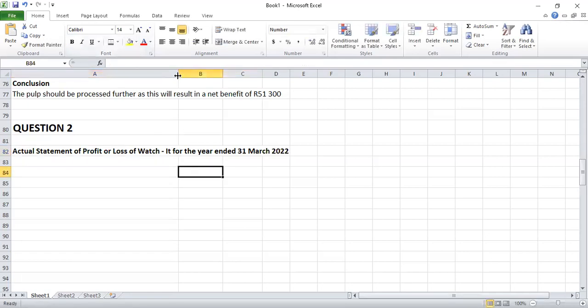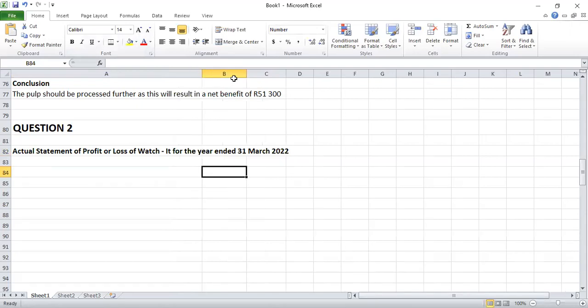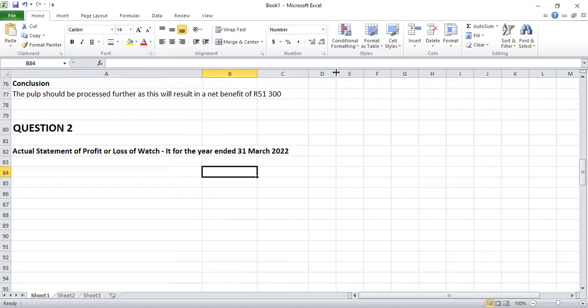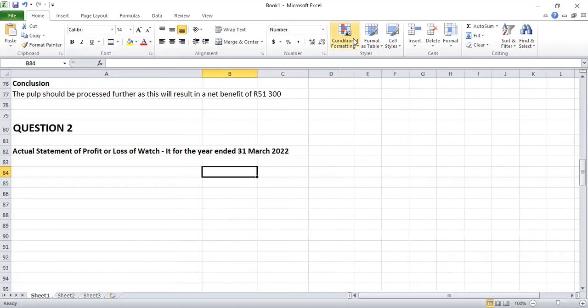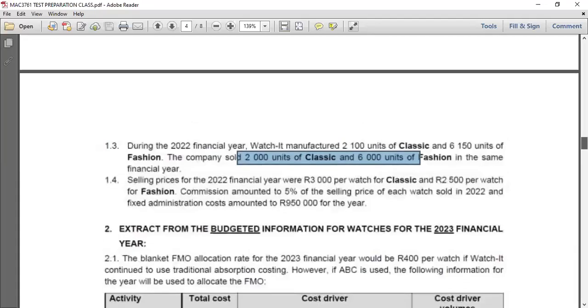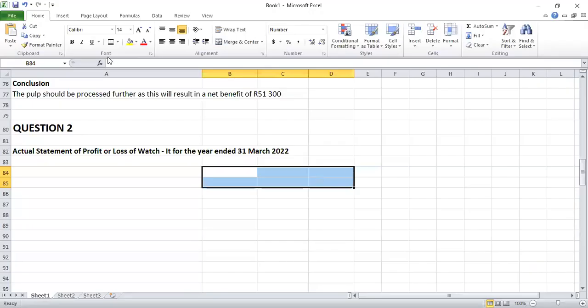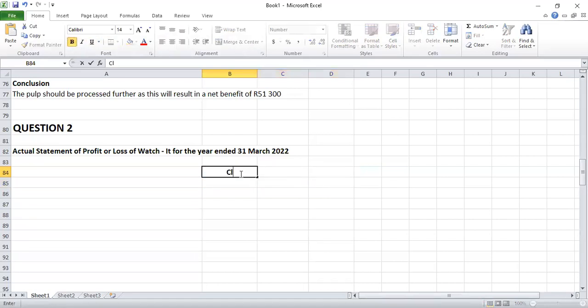Remember, I said that the question just wanted the total, but for the sake of maybe you being in another scenario where they don't want the total only, you might need the separate products. So what I'm doing here is just to show you if they also want them separate. So classic, fashion.